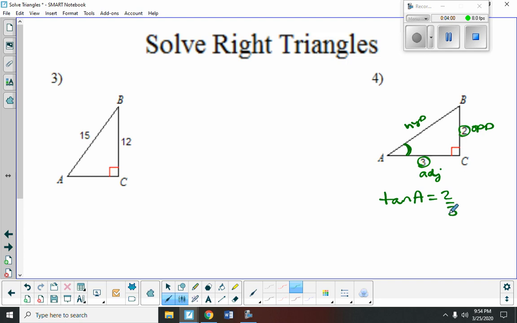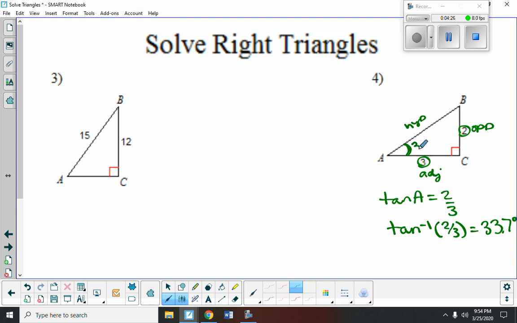Remember, anytime you're looking for an angle, use the inverse function. So tangent inverse of 2/3. That will give us the measure of angle A. And that is 33.7. We'll round to the tenth. 33.7 degrees.